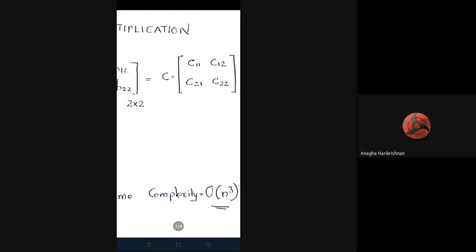We can use this equation: Cij is equal to sigma k equal to 1 to n of aik into bkj. By using this equation, we can get all the elements in the matrix C. We can calculate C11, C12, C21, C22 using this equation.